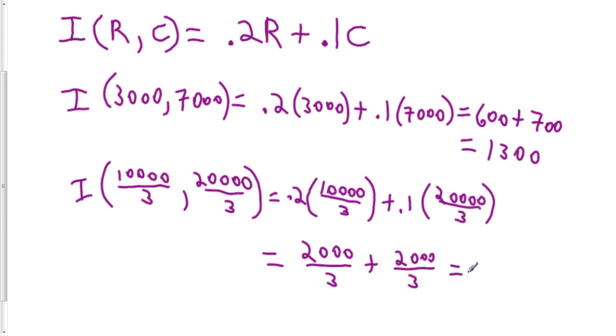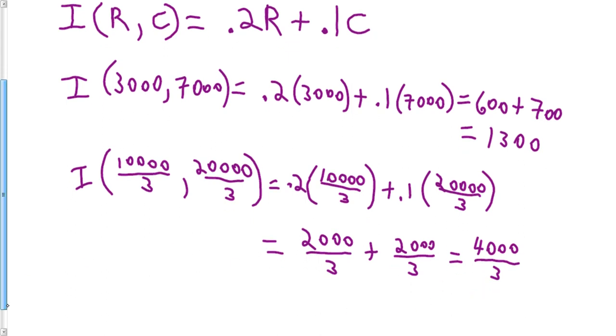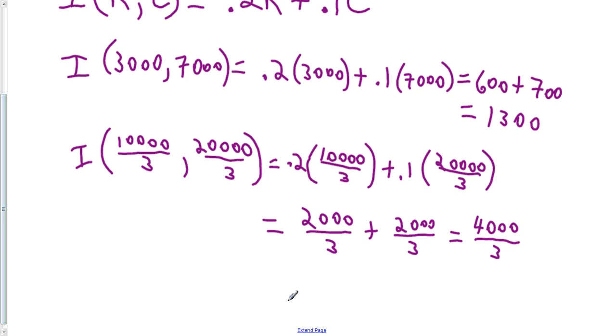So I get here 4,000 over 3. And 4,000 over 3 is going to be 1,000.